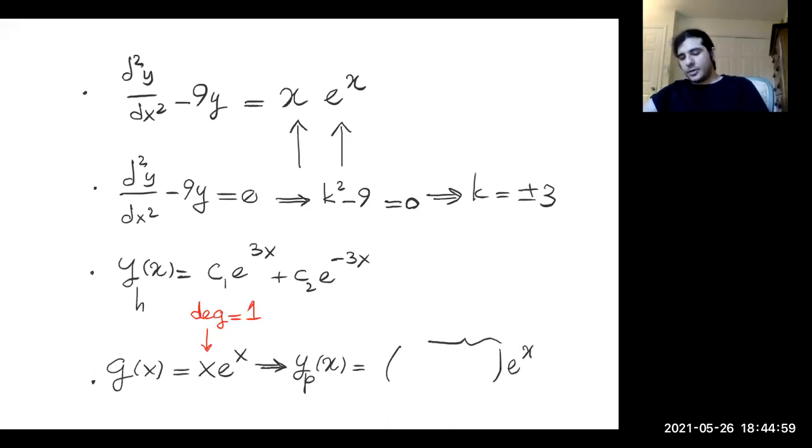And this polynomial also has degree equal to 1. But just be careful, a polynomial with degree equal to 1 is not necessarily ax. It's a1x plus a naught, right? It might also have a constant term. We should be careful about that.